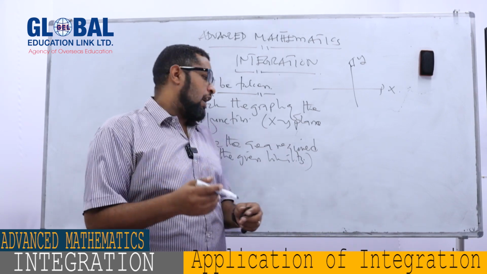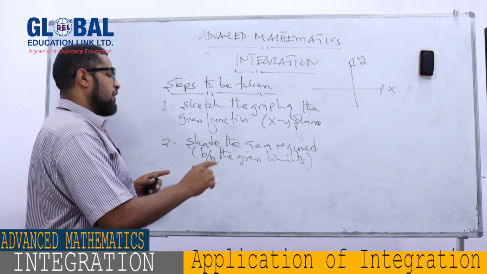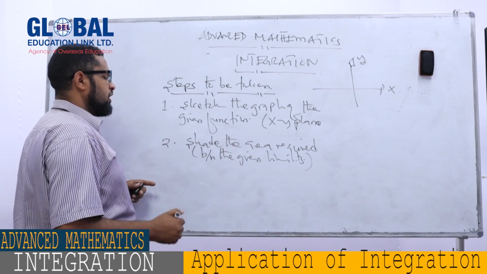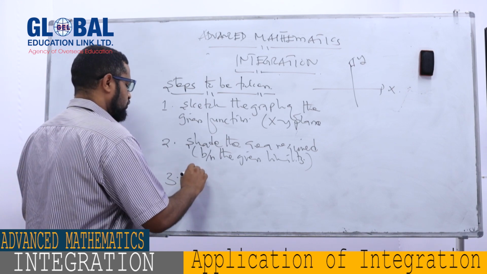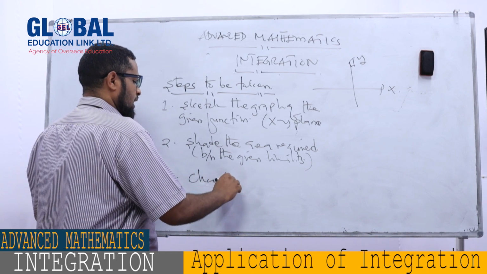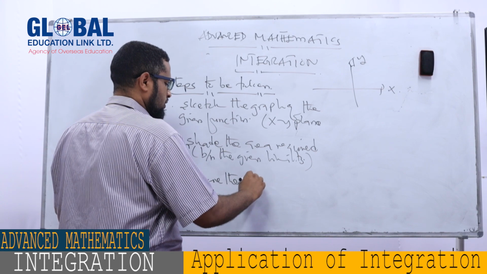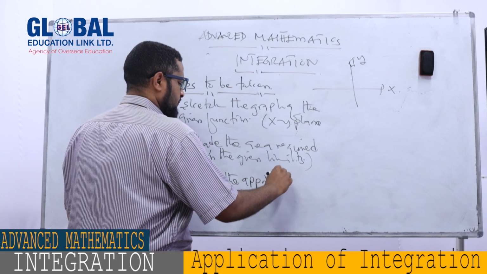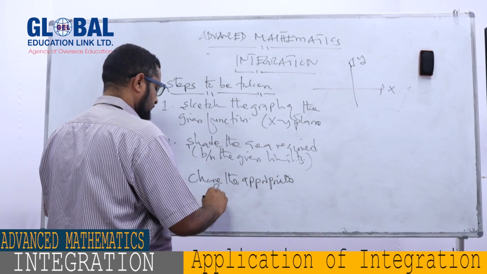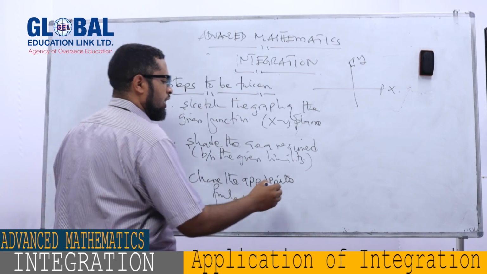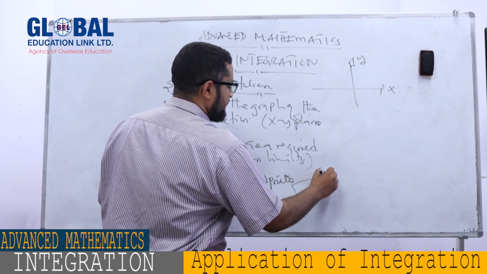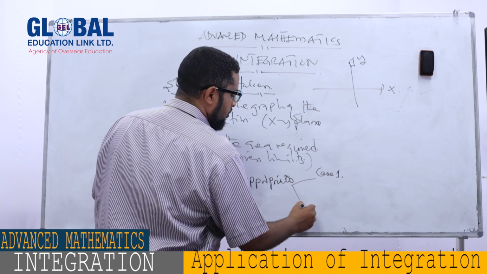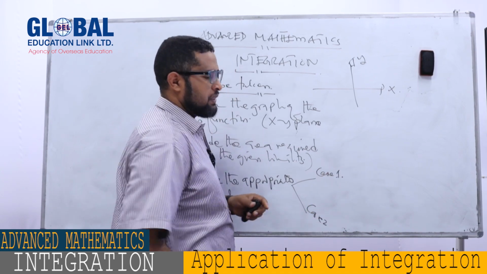Then, after shading the graph between the given limit, the third step is to choose the appropriate formula, in which here it's time to choose the case. Is it case 1 or case number 2?